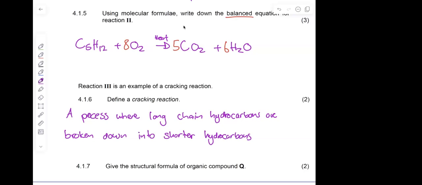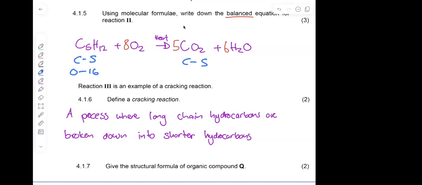This 4.1.5 is not balanced. Please just recheck the answer. Let's have a look at that quickly. So my carbons, I've got 5 carbons on this side. I've got 5 carbons on this side. My oxygens, I've got 8 times 2, which is 16.